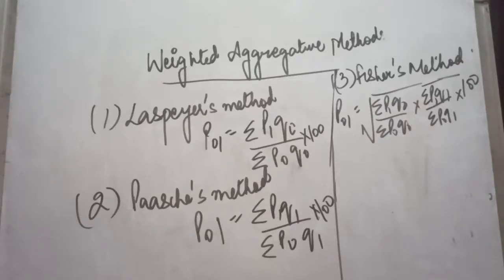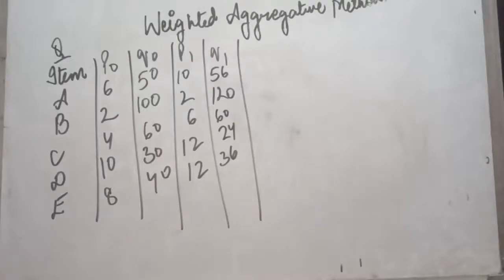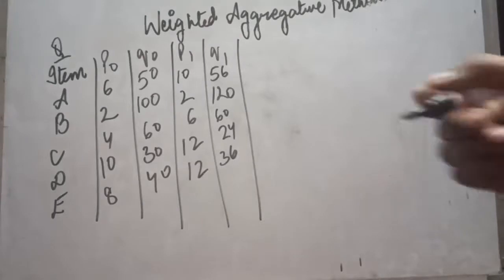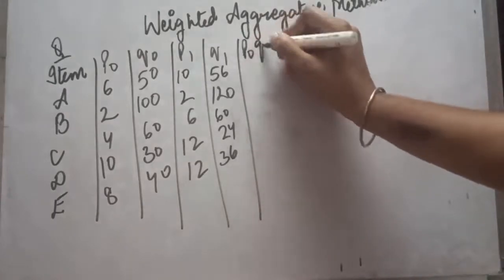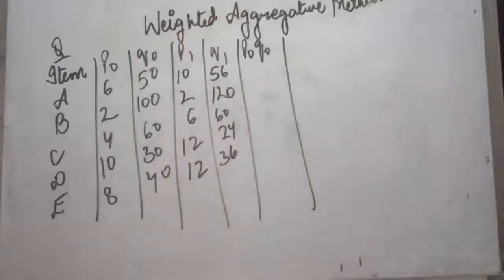So it depends upon what has been asked in the question. Let us see an example of how we apply all these methods in questions. This is a practical question, and in this question let us apply all the formulas. First of all, we have to calculate the information that we will require in our formulas. According to all the formulas, we will be requiring P0Q0. P0 will be multiplied by Q0.